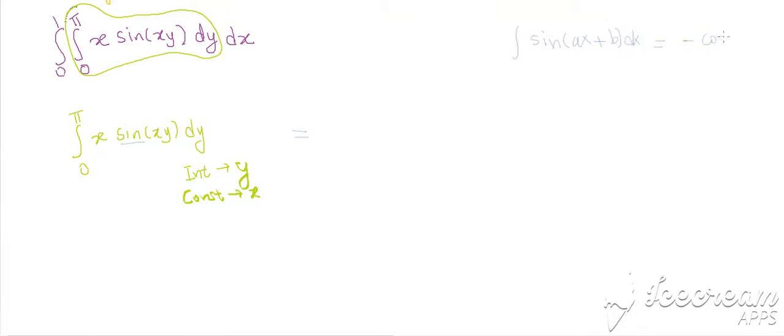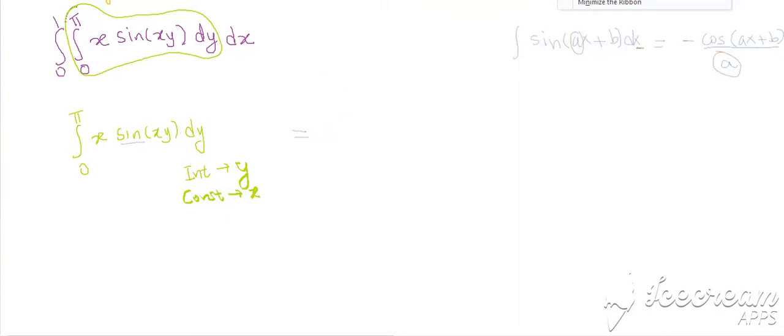Integral of sine is minus cosine ax plus b divided by a. Why do we divide by a? Because a is the coefficient of x. We are integrating with x, so whatever is the coefficient of x, we divide by that number. Okay, so let's return back to the question.